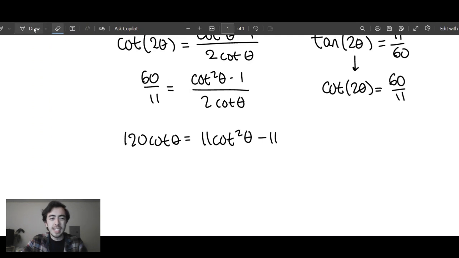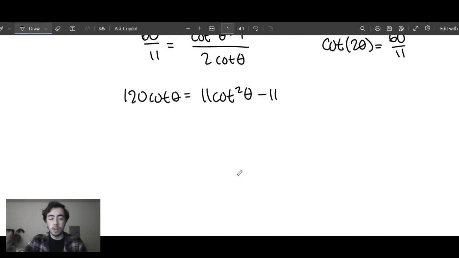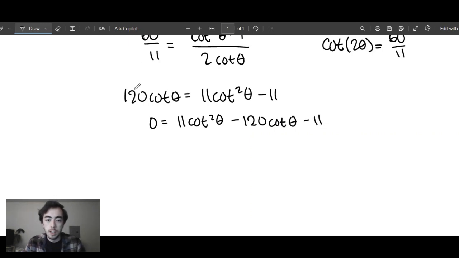This kind of feels like a quadratic equation to me, where cotangent of theta is my variable. It's kind of like 11x squared minus 120x minus 11, but instead of x, I have cotangent. So let me see if that's useful. 0 is equal to 11 cotangent squared theta minus 120 cotangent theta minus 11.